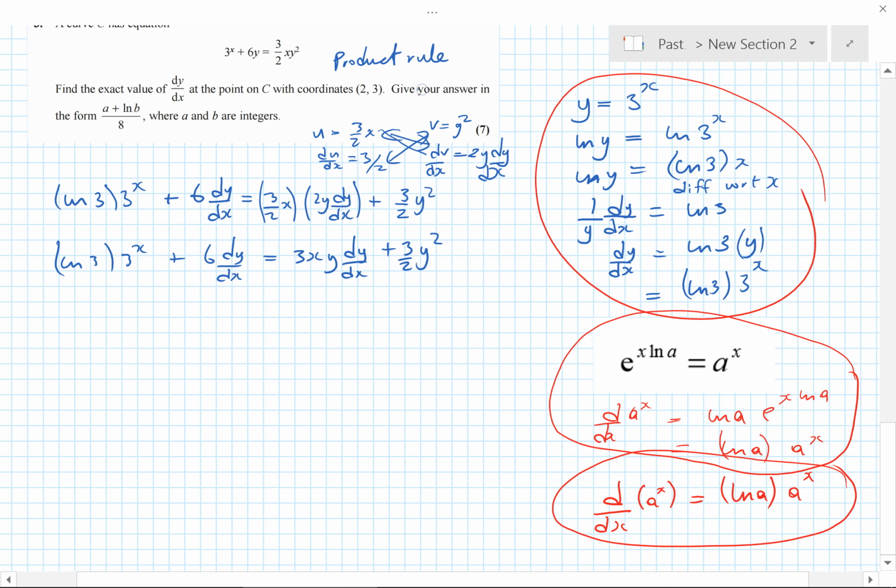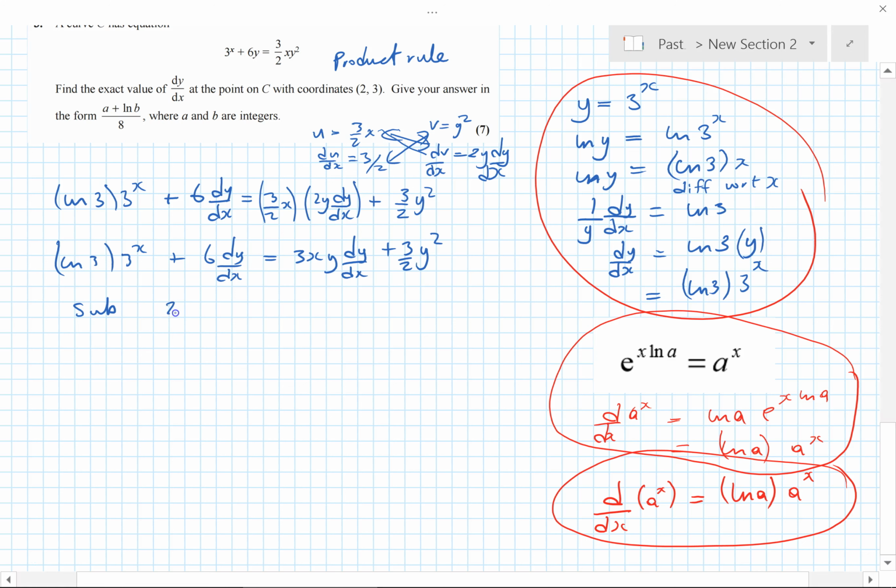Whenever you're given coordinates, I tend to substitute now rather than rearrange to get dy by dx as subject. If we're asked for a particular value, then I would sub it in now, but it's okay to get dy by dx and then sub in, but it just means we're dealing with a fraction later.